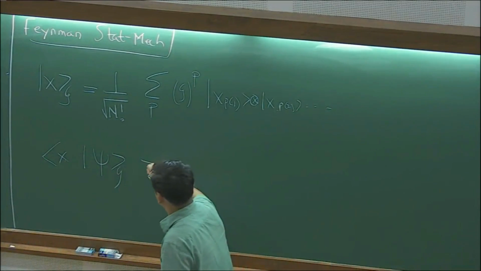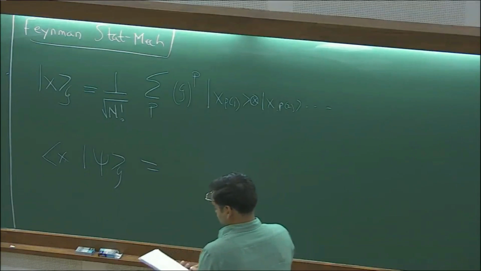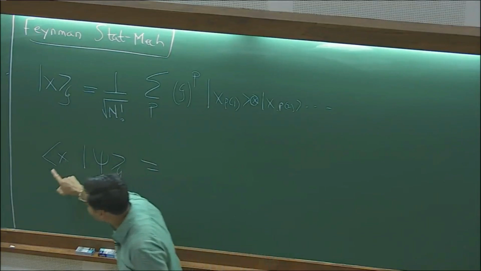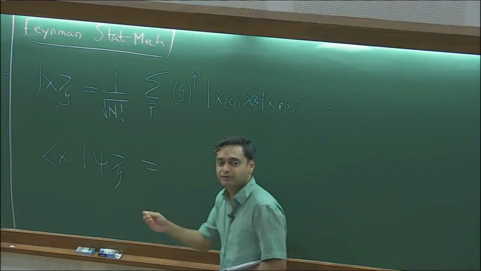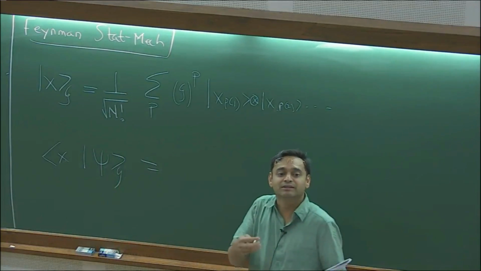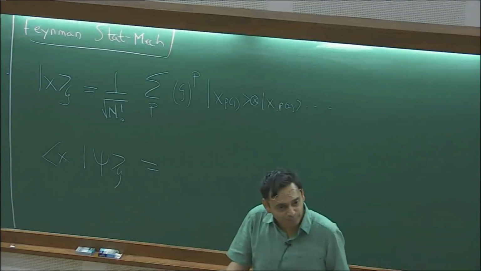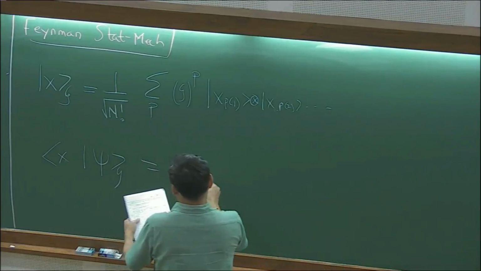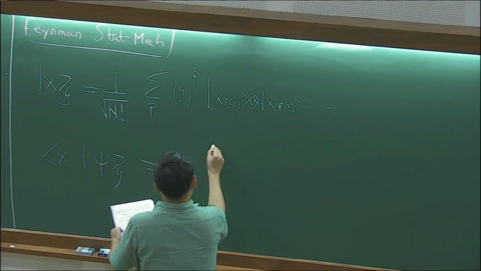This is a small exercise you can do. You can write this as a sum over permutations. You can write that as a sum over permutations. Call those permutations P and Q. Remember that the product of 2 permutations is also a permutation. Give it a name, and then you will be left with the final answer.